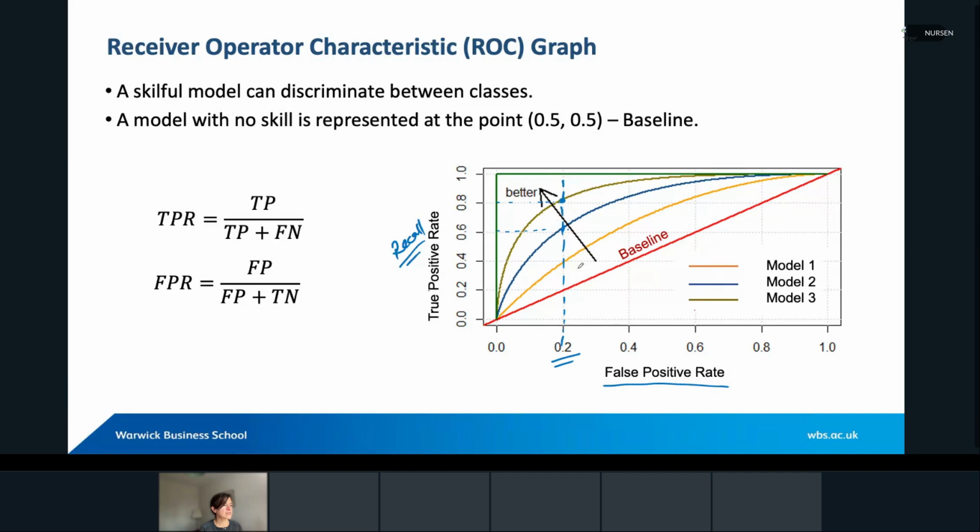And Model 3 can identify 40% of the responders. So with the same error rate, we see these models have different recall rates, or they can identify a different percentage of true responders. So we can use this ROC chart to compare different models, and the closer to the upper left corner, the better the model is performing.